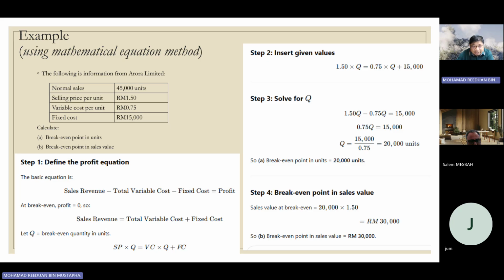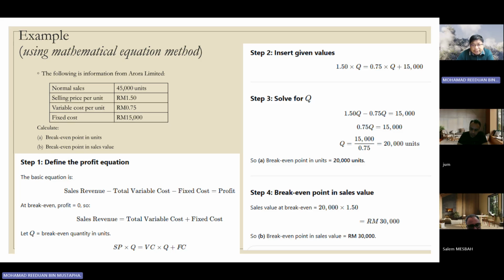The formula is selling price times Q, because in the equation the selling price is multiplied by the units. We don't have the units yet, so we want to know the break-even units. This equals variable cost times the units, plus the fixed cost.